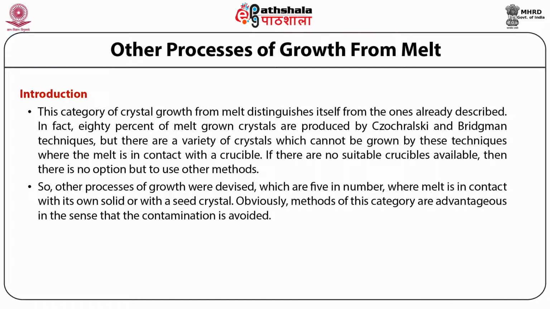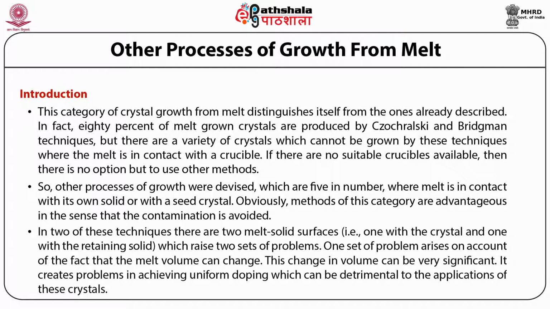Obviously, methods of this category are advantageous in the sense that contamination is avoided. In 2 of these techniques, there are 2 melt-solid surfaces, that is, one with the crystal and one with the retaining solid, which raise 2 sets of problems. One set of problems arises on account of the fact that the melt volume can change.